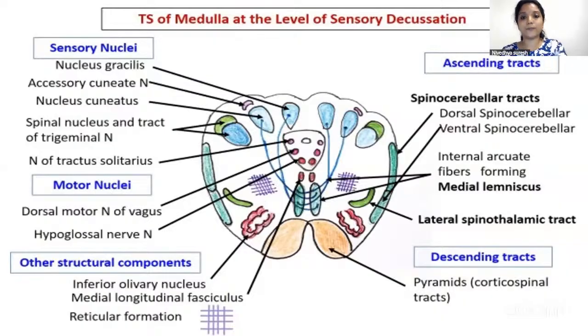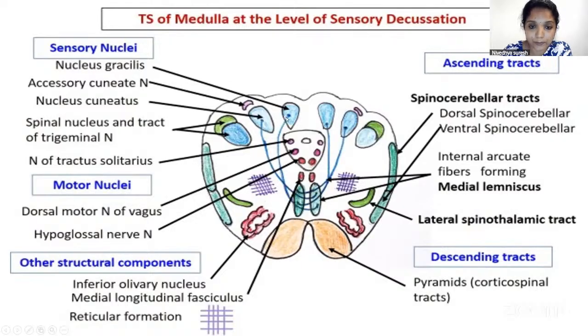How is it formed? We can see here the nucleus gracilis and the nucleus cuneatus. From them, the second order neurons emerge and move anteriorly, and here they cross each other.